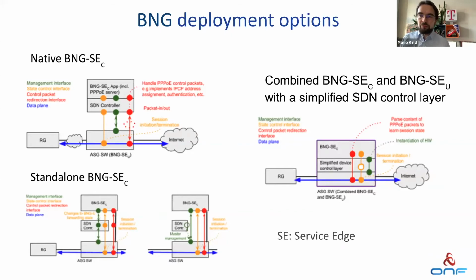So, for example, if a mobile core is deployed in parallel to a BNG on the same hardware. Essentially, the improvement, or the beauty, is that you have control packet redirection, so the forwarding of the essential control plane packets is outside of the SDN controller.